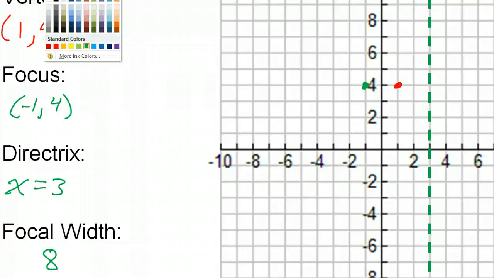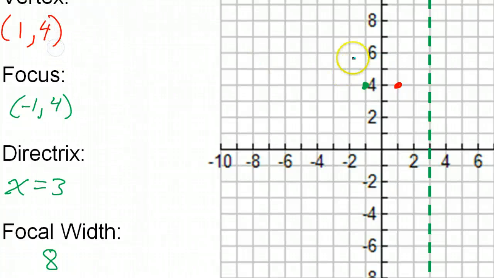If I know that the focal width is 8, that means the width of the parabola at the focus is 8. I can achieve that if I go up 4 and down 4. So you'll see that's a total of 8. So that's enough to show me how the parabola looks.